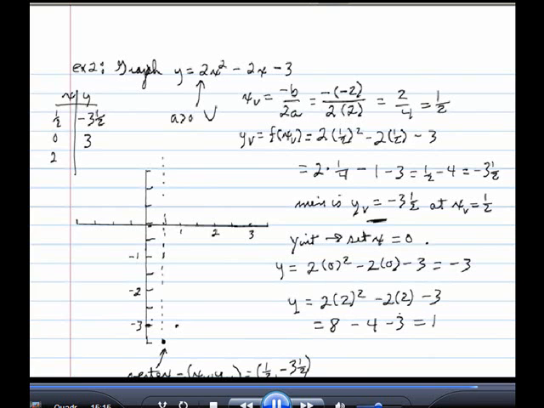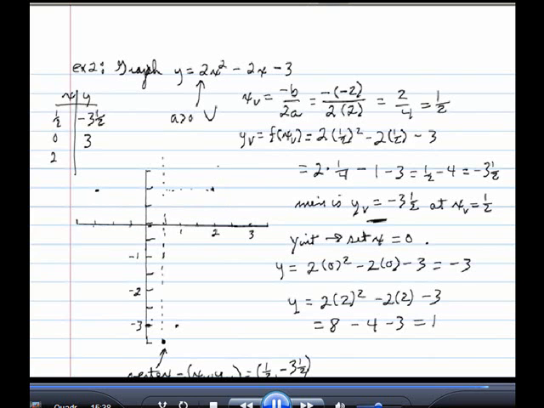So that tells me when x is 2, that's right here, y is 1, that's right here. And by symmetry then, if I go out 2 units on this other side, there's 1 unit, 2 units. I also have to have y equals 1 right here.